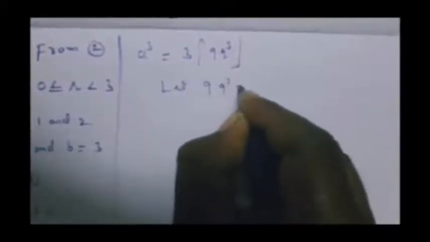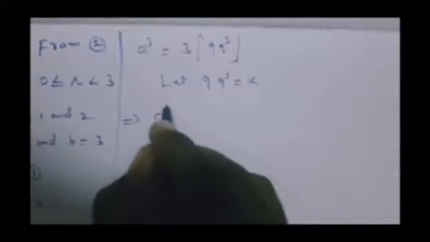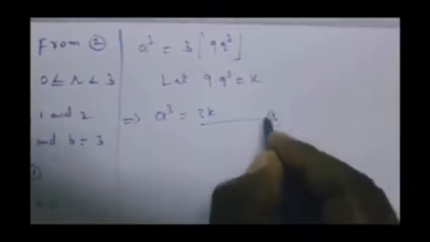Now take out common 3: a cube equals 3 times 9q cube. Let 9q cube equal k. Now a cube equals 3k. I got the first one.